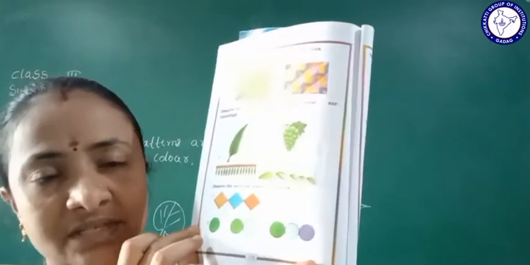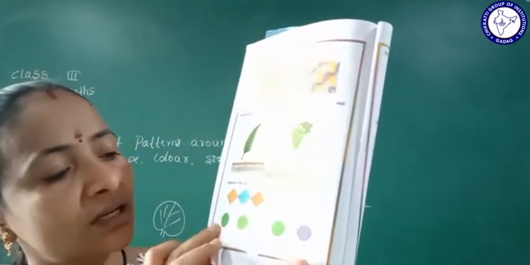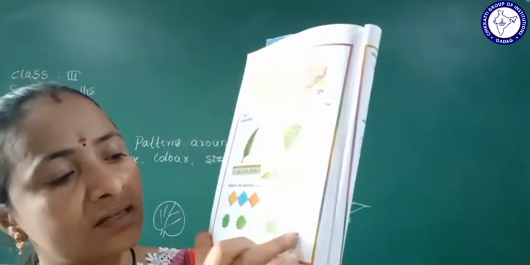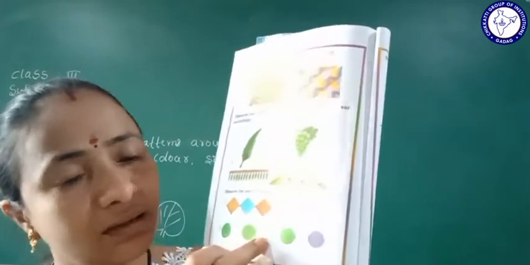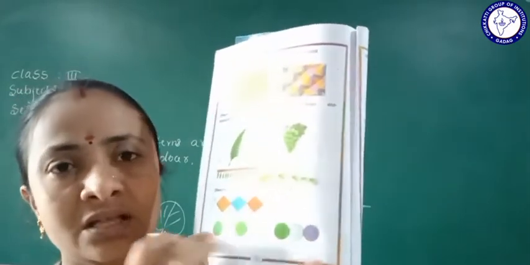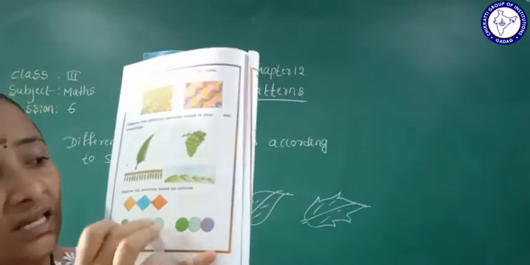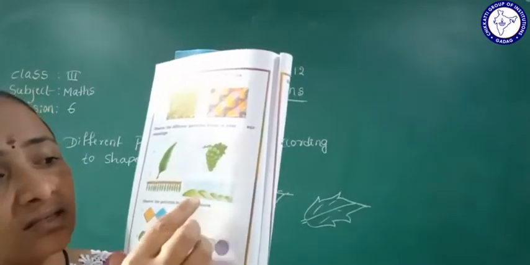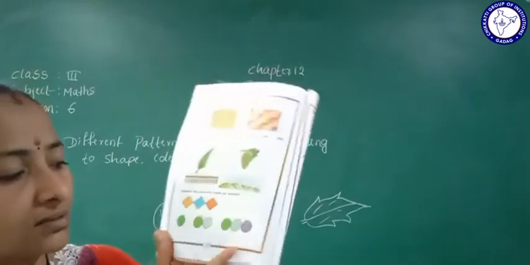Yes, same size but different colors. So here green is there, here green is there, here see purple. So different colors, here pale green. Yes, so we can say we are observing only colors in this question.